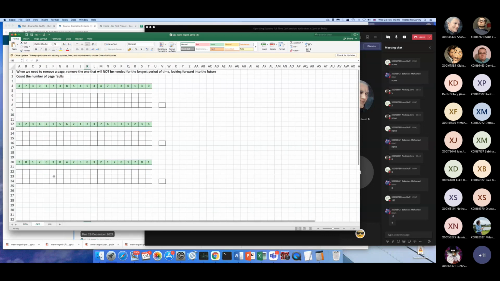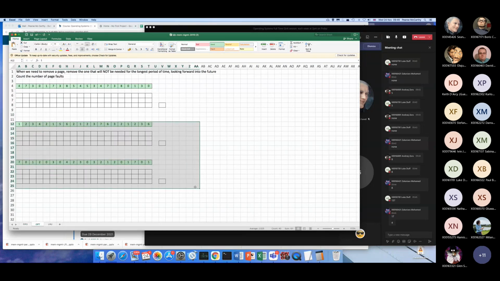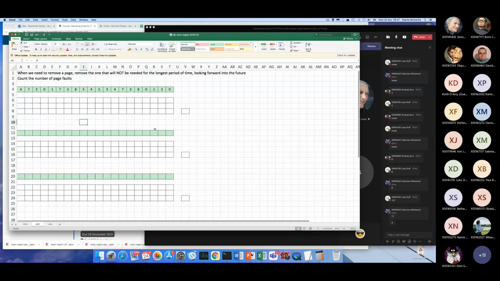We'll do OPT. So the exact same question, except this time it's OPT, which, as we know, is a little bit trickier. Remember, we'll do the first 3 for you, because I'm so generous. Okay, here's the first 3.